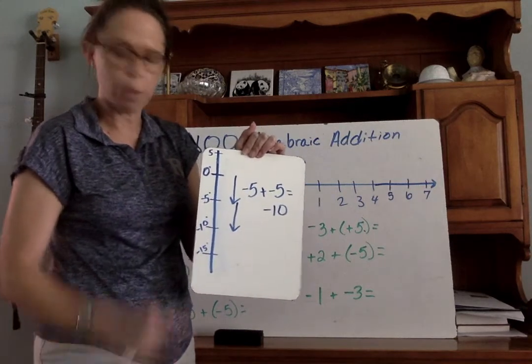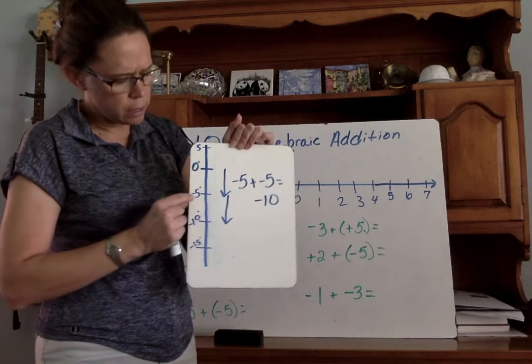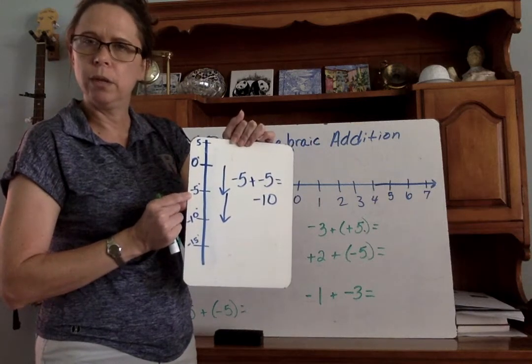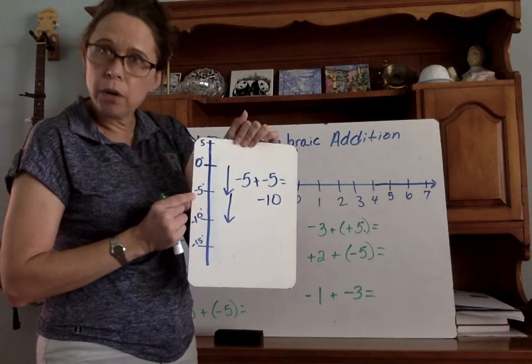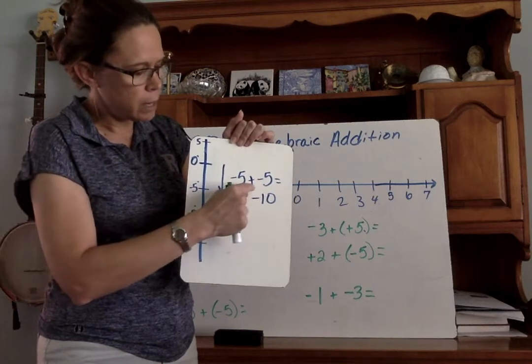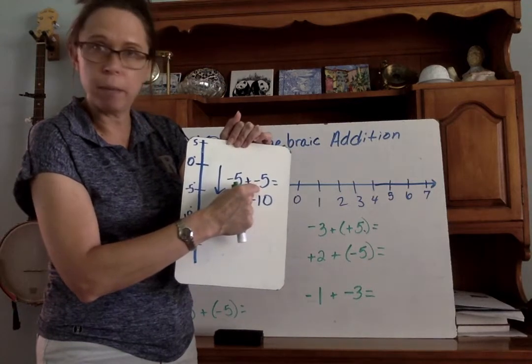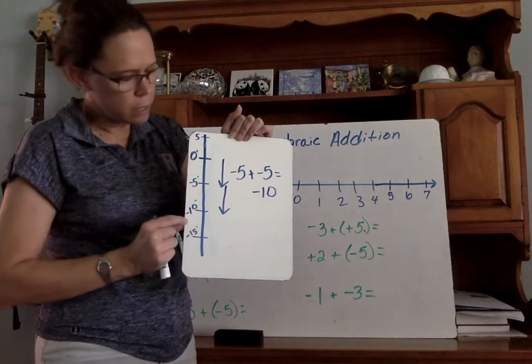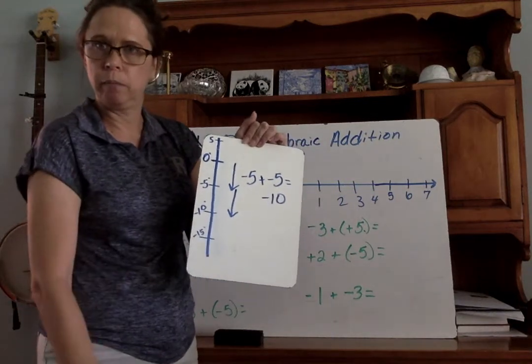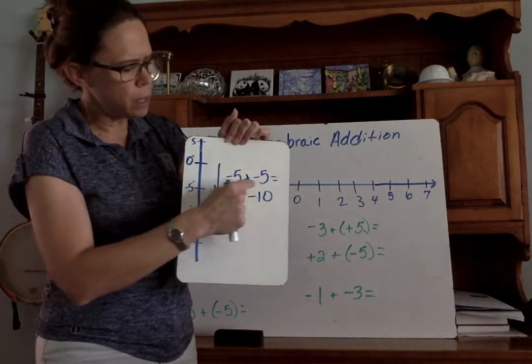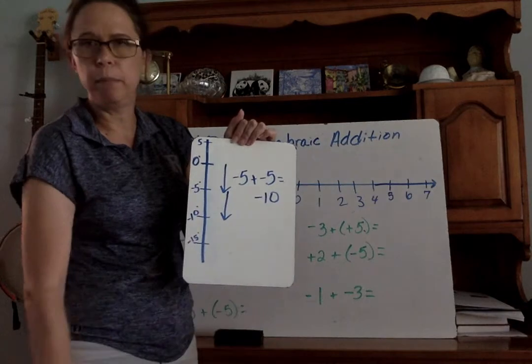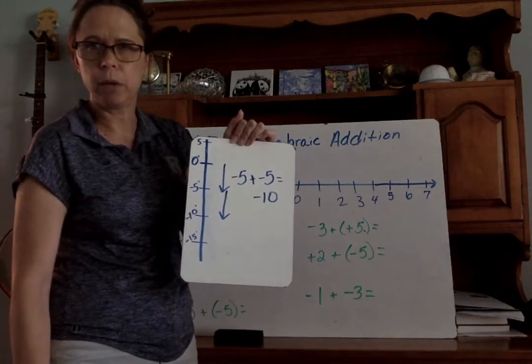That would take us down to -5 degrees. If it dropped another 5 degrees, another -5, that would take us down to -10. So we had two negative numbers, and when we added them, we got another negative number.